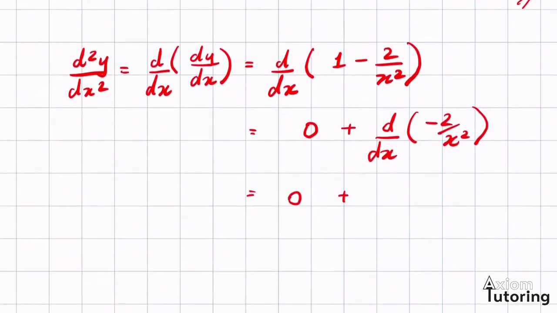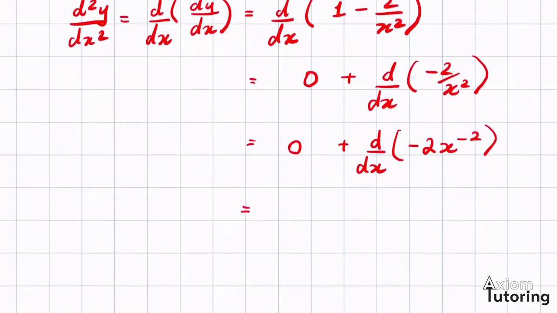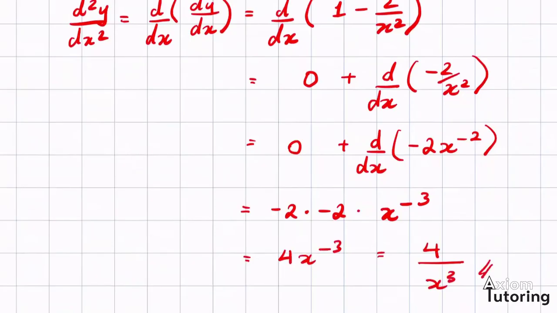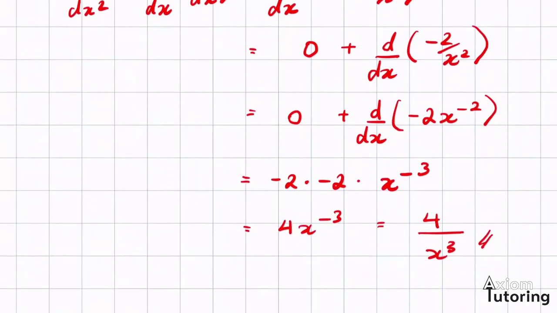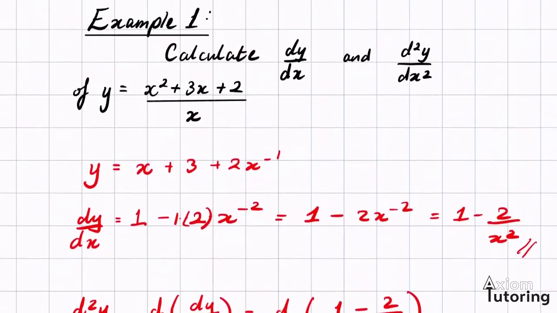That's equal to 0 plus d over dx of minus 2 times x to the minus 2. And so again, let's just bring down the minus 2, multiply it by our coefficient here, and then take away 1 from the index there. And so what we're left with is minus 2 times minus 2 times x to the minus 3. And that's 4x to the minus 3, or 4 over x cubed. And there we found the second derivative of our original function here.